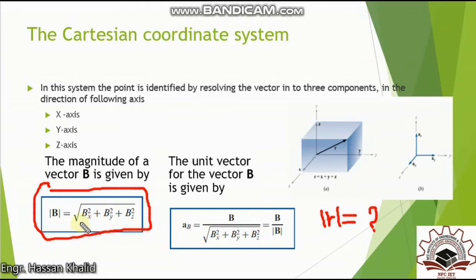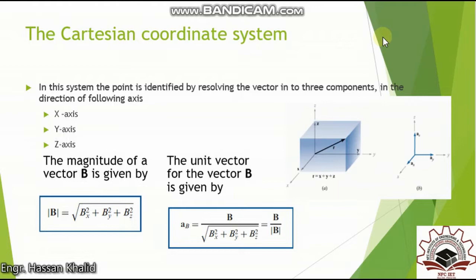Similarly, in this case, r will be equal to the square root of the rx component squared plus the square of the y component of the vector r.